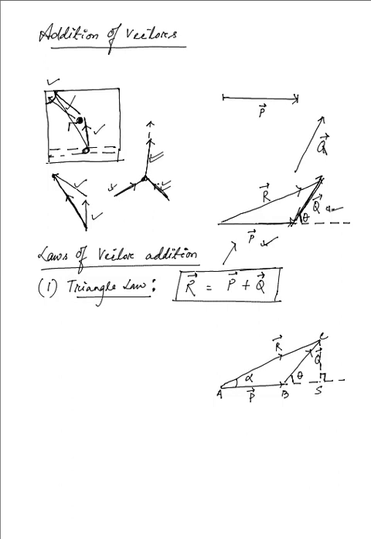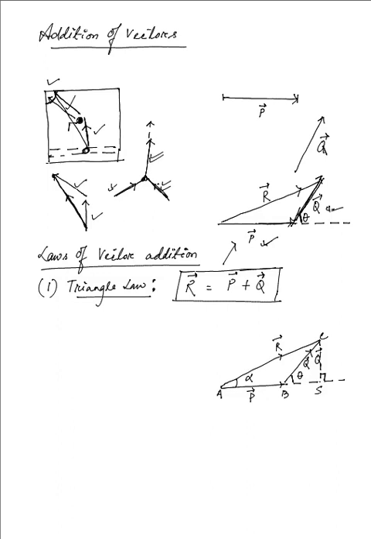So this is the Q vector once again, right? And we have the P vector, so the extension of the P vector, the perpendicular dropped from the point C over there.